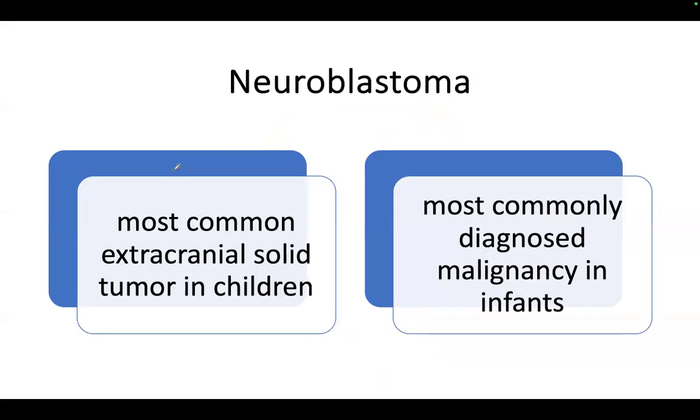The neural crest is where the cells that cause neuroblastoma arise from. So neuroblastoma arises from the neural crest cells. It is considered to be the most common extracranial solid tumor in children, and the most commonly diagnosed malignancy in infants.